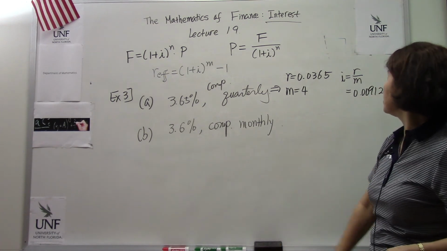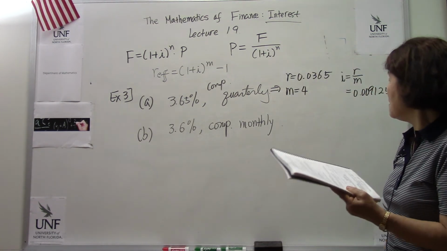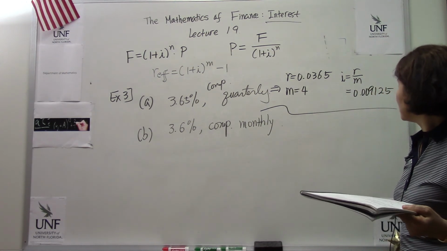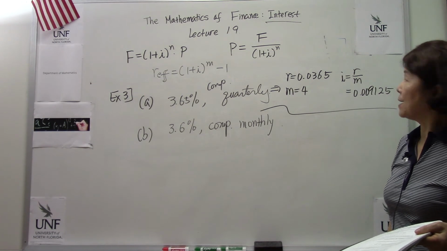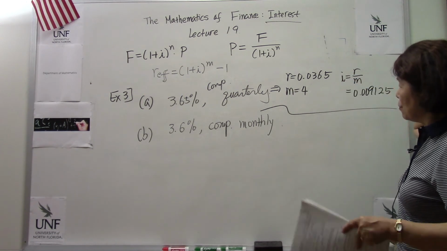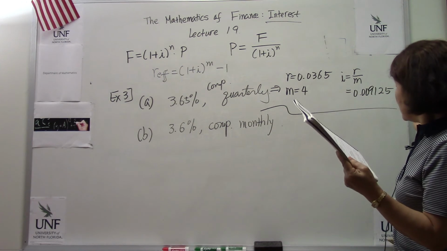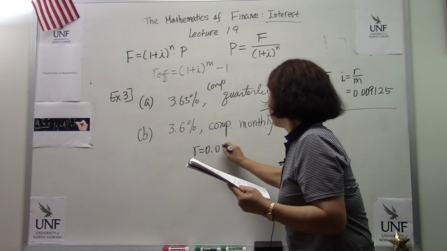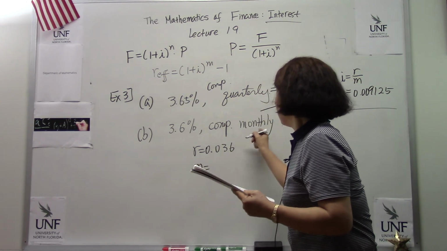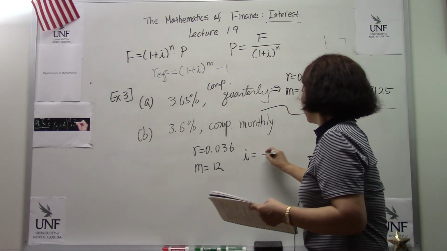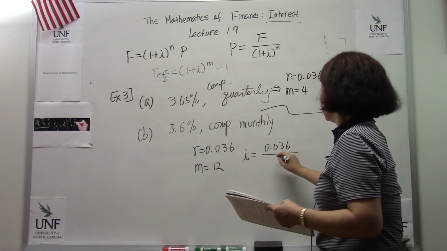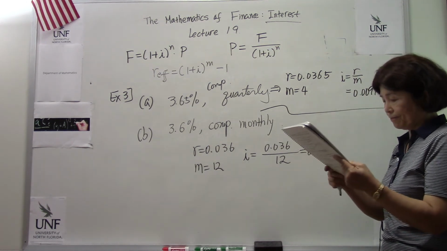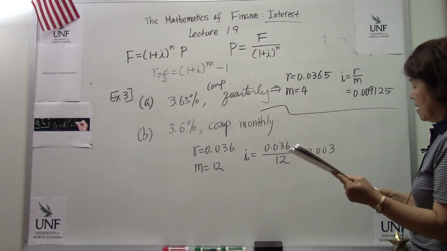The more digits you keep, the more accurate it is. MyMathLab will sometimes tell you not to round off anything, just put it directly into the calculator. The other one is R equals 0.036, m equals 12. What is i? 0.036 divided by 12 is 0.003.